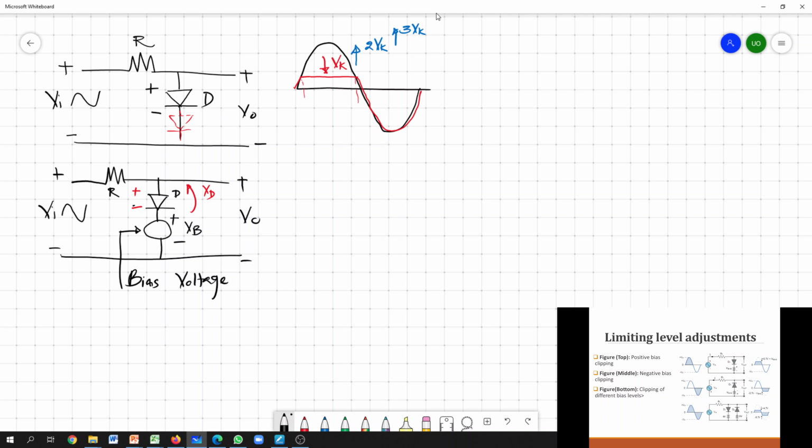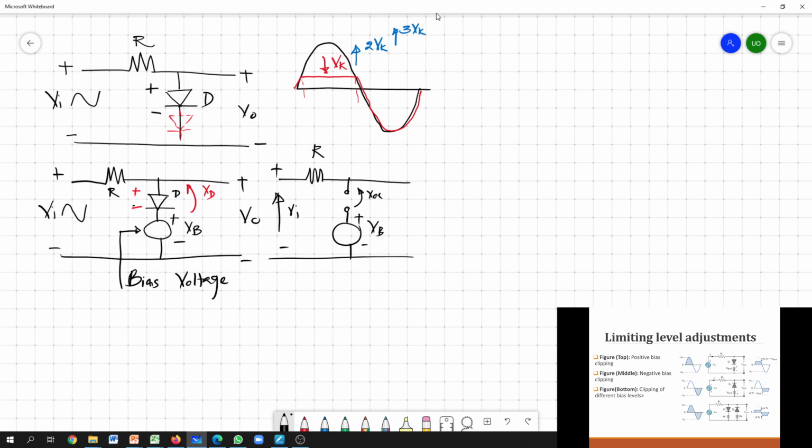Then we remove the diode from the circuit and find the V open circuit. If you apply Kirchhoff voltage law for this one, due to the open circuit there won't be any current flow through the resistor, so you can't see any drop across the resistor.